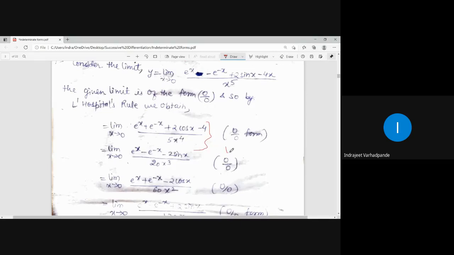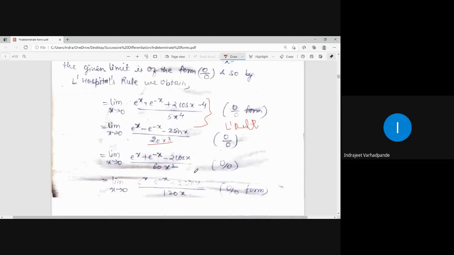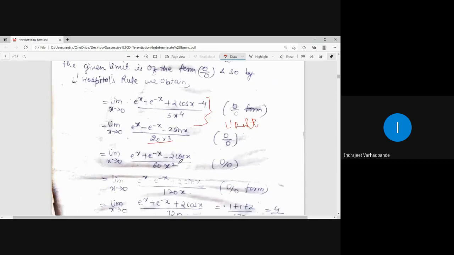Again apply L'Hospital's rule. So here we say that by applying L'Hospital's rule, e to the power x minus, derivative of 4 is 0, 20x cube. Again 0 by 0. Sine will go on converting to cos, cos will go on converting to sine. So this is e to the power x minus e to the power minus x plus 2 sin x upon 120x.